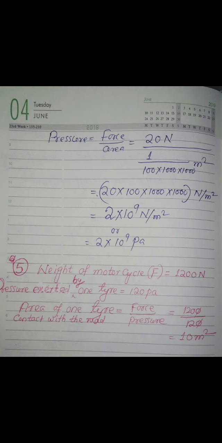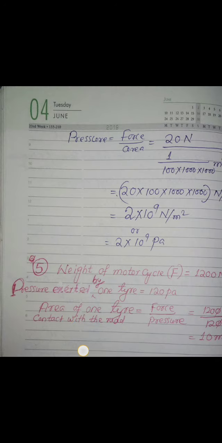You see what the question is. A motorcycle weighs 1200 Newton. You know that the SI unit of weight or force is Newton. If the pressure exerted by one of its tires is 120 Pascal, then find the area of the tire in contact with the road.